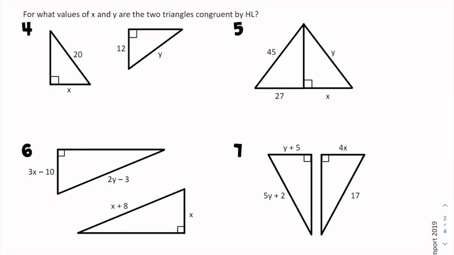We know our hypotenuse is the side across from the right angle, so this 20 is congruent to, on the other triangle, y. So we're going to say y equals 20. Now we also know two legs are congruent, which means this leg is congruent to this leg. So that means x equals 12. Go ahead and do the exact same thing on number 5.